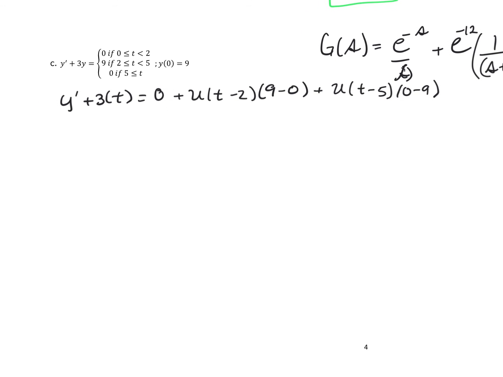So this is going to be u of t minus 2 multiplied by 9. Oh, that's nice. And then minus 9 u of t minus 5.